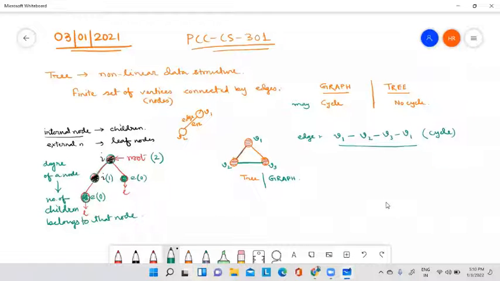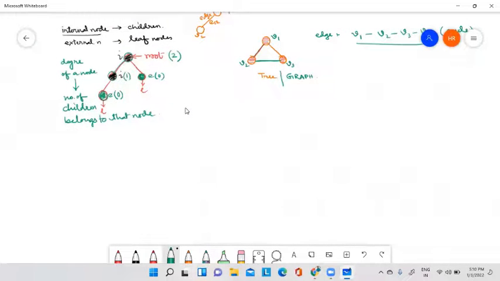Similarly, the degree of a tree is the maximum degree, and that is called the degree of a tree. Now we have also discussed levels. If we draw a picture of a tree like this, this is level 0, this one is level 1, this one is level 2, this one is level 3.